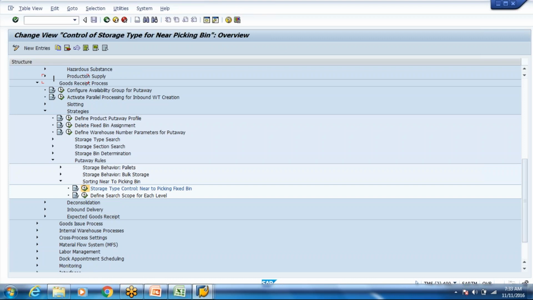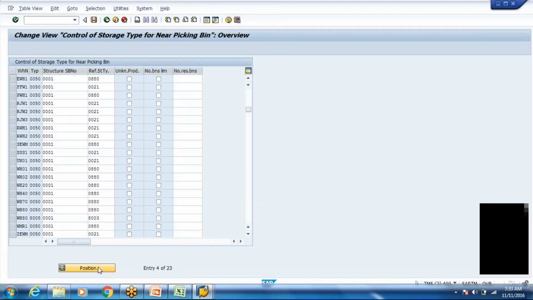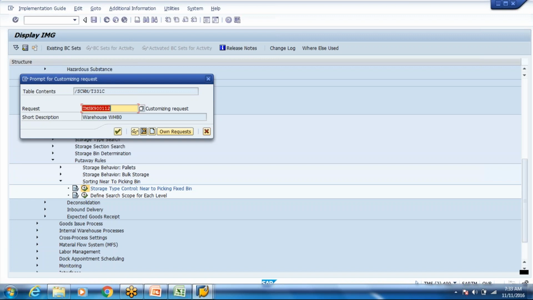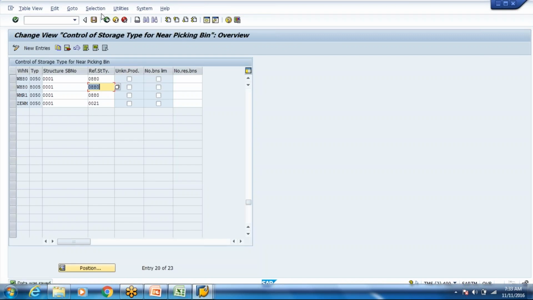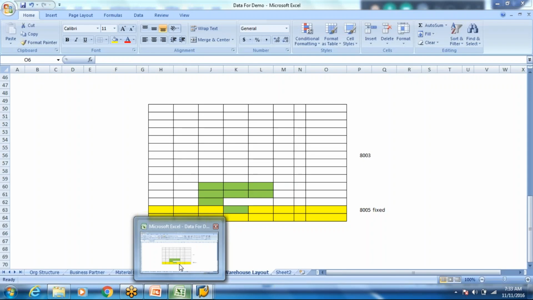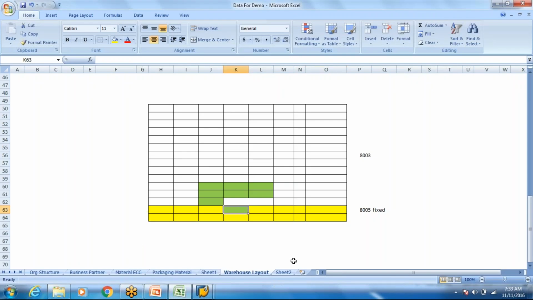So we just change here, or maybe I'll just say 805 is near fixed bin, keep the standard one only. Okay. So this is how your near fixed bin works. It's basically, don't put in the fixed bin, but look near to the fixed bin where you can keep it.